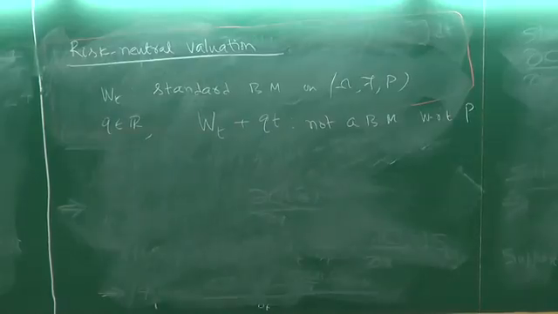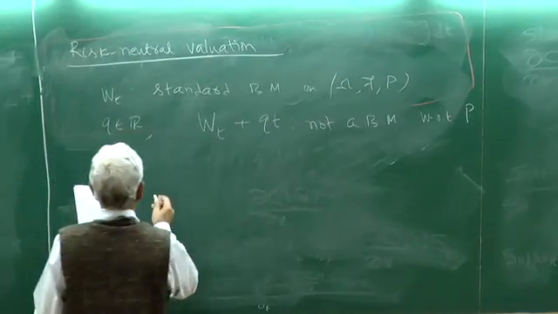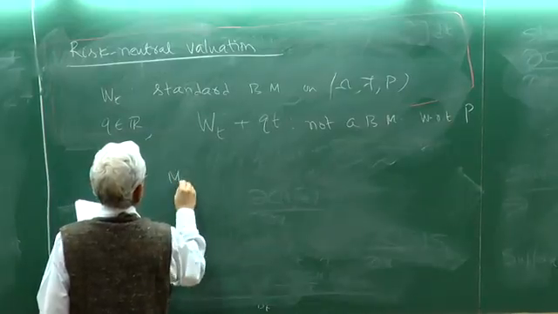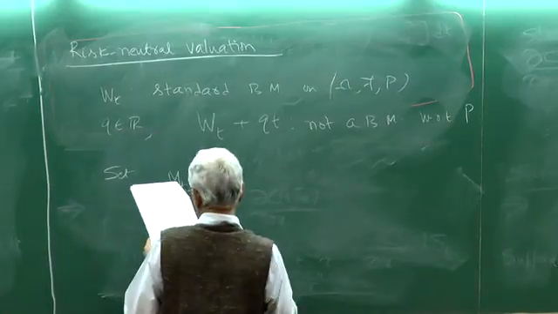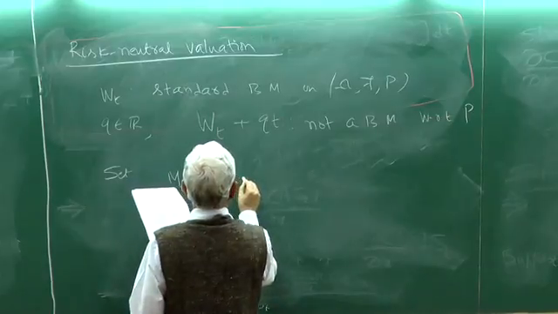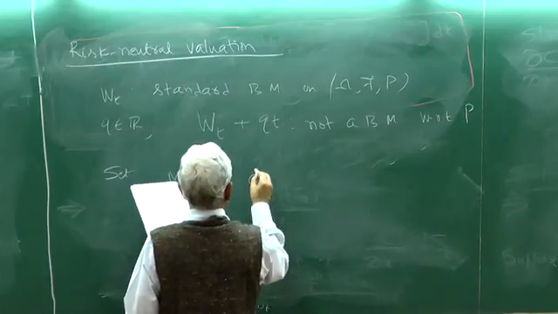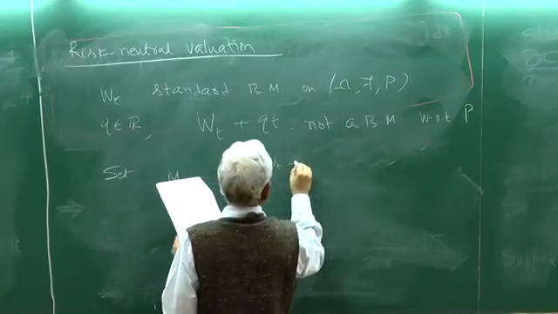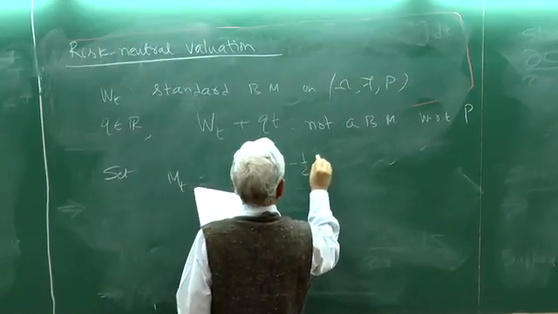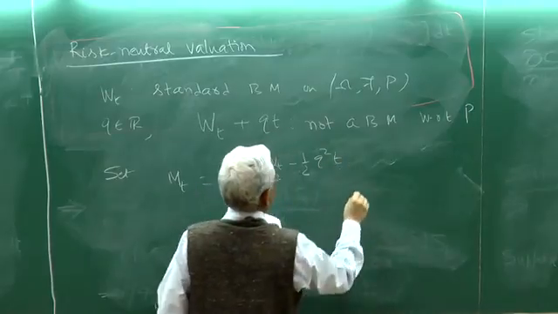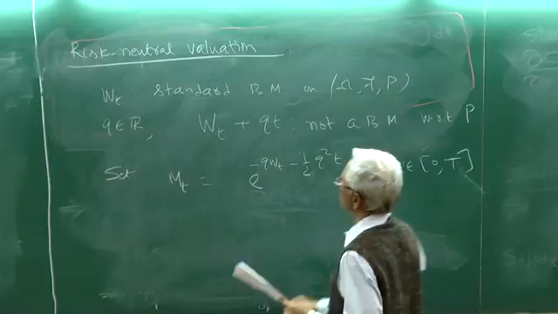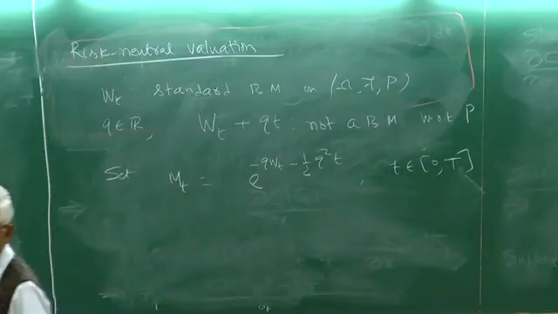Here is the theorem. You define the stochastic process M_t equal to exponential of minus q W_t minus half q squared t, for t between 0 and some capital T. Then this is an exponential martingale.